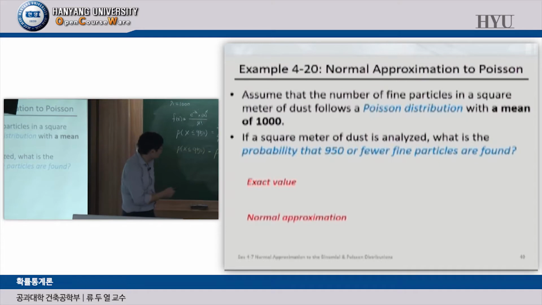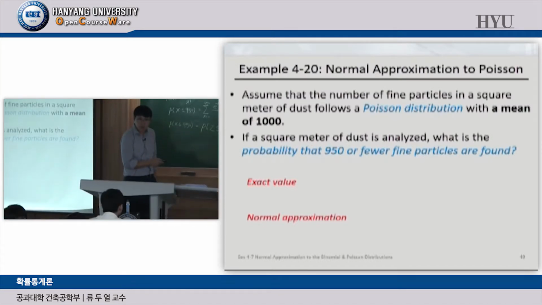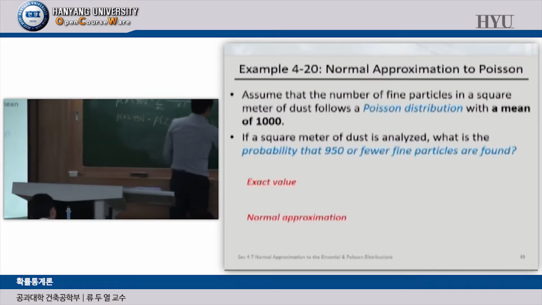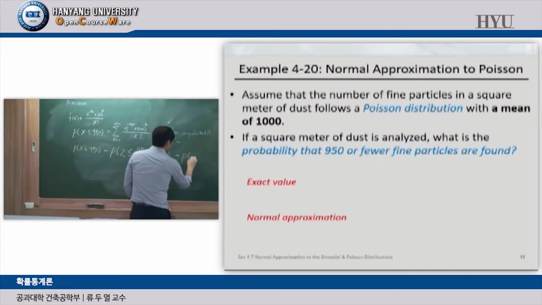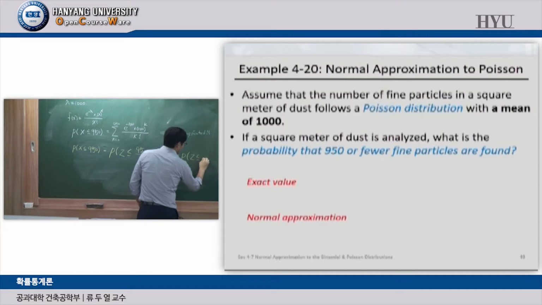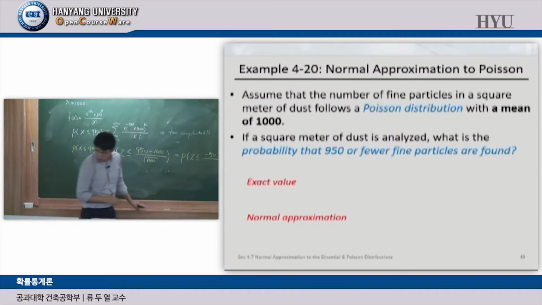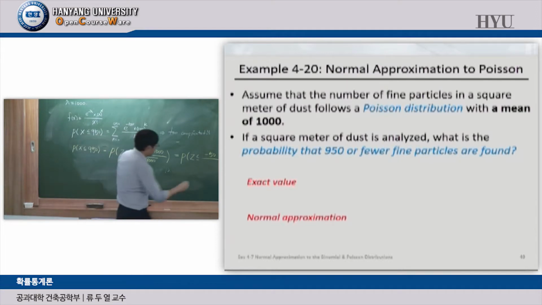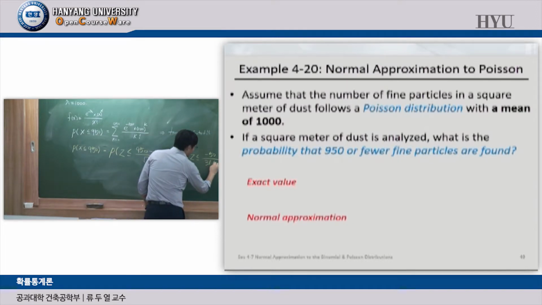Because the mean and variance have the identical value of lambda for the Poisson distribution. So this can be written as the probability of Z when Z is smaller than or equal to minus 50 over 31.62.